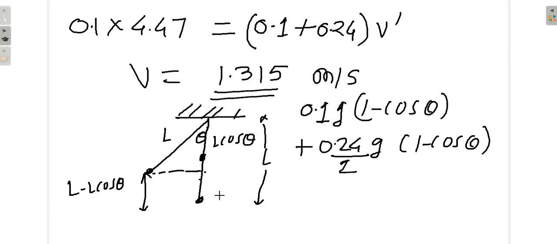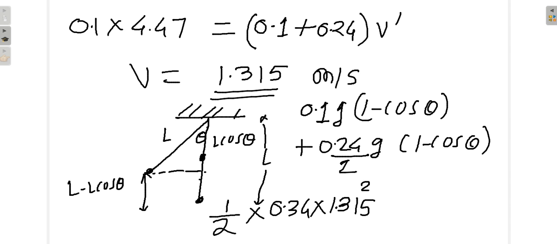The initial kinetic energy will be half into m into v square, and this is equal to this plus this, 0.1 plus 0.12, it is 0.22 into g into 1 minus cos theta.